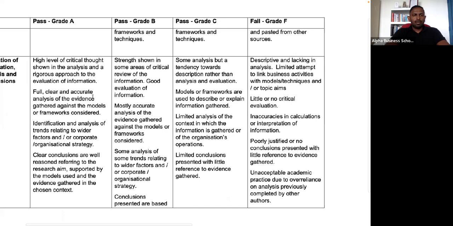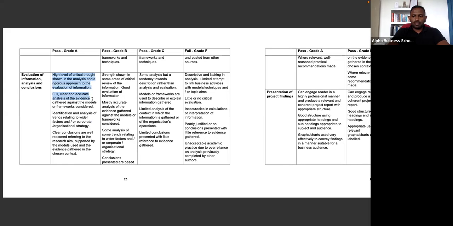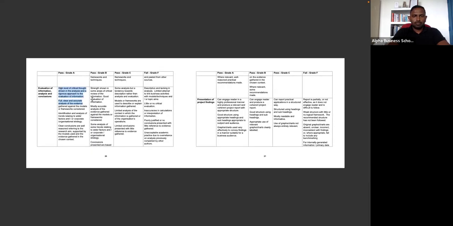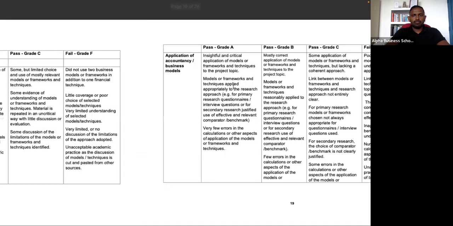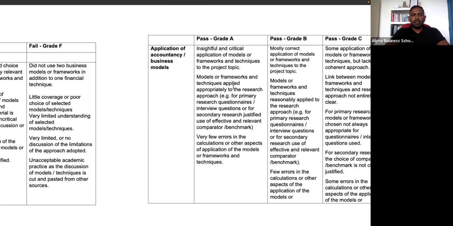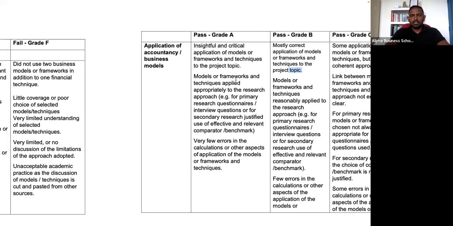The third element you are supposed to get, I think I missed it, but I'll just tell you right now: application of accountancy business models, insightful and critical application of models or frameworks and the techniques to the project topic.